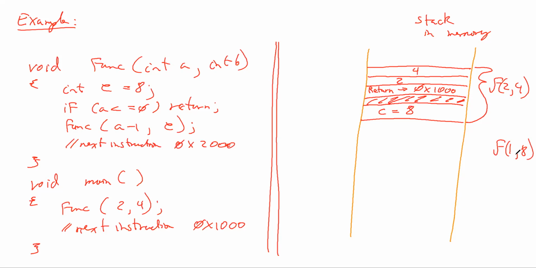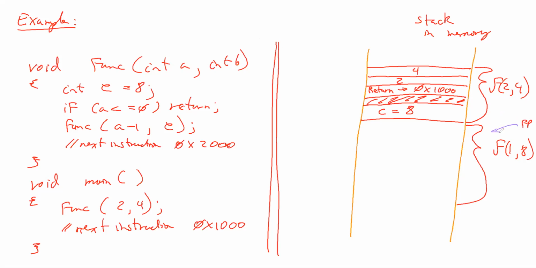Where does it need to go? It goes in memory, in the stack, so I need to allocate a new frame. Notice I had the frame pointer before, initially pointing there. But because now I'm in this one, the frame pointer is going to point there.